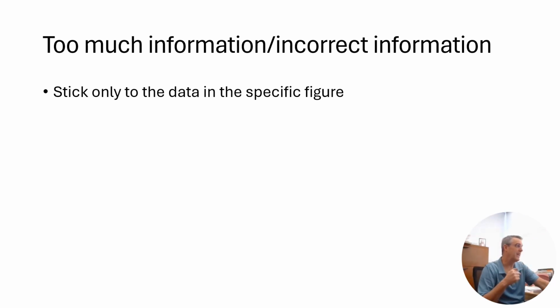Akin to that is having information that is not in the figure. You start to tell me about information from other figures too. Well, now you're not explaining this figure to me anymore.